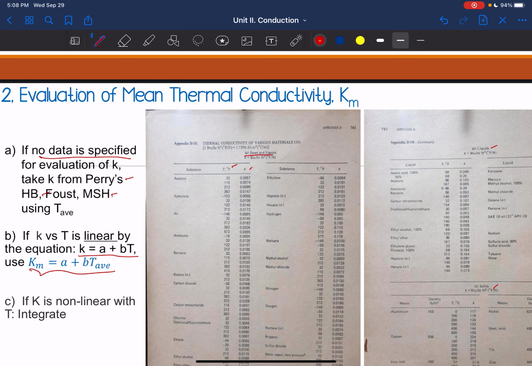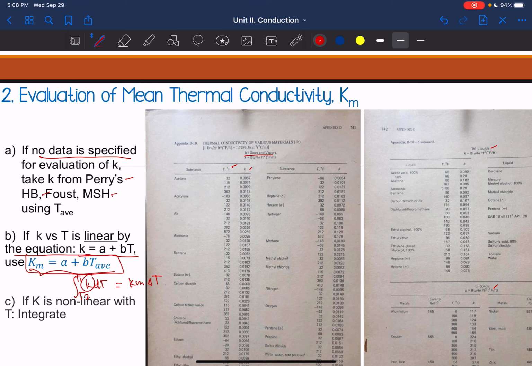So this Km equals A plus B T average is from, of course, the linear equation K equals A plus BT, which, if I would separate that, I could have K dT from T2 to T1 is equal to, if it is positive, Km change in delta T.